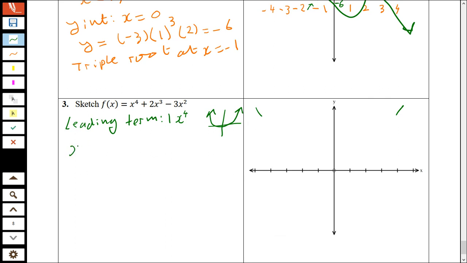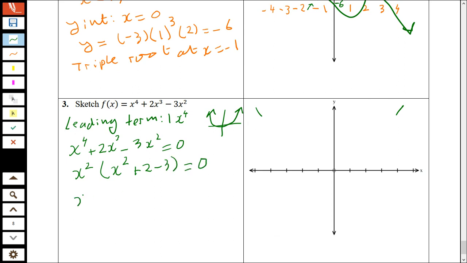So now to solve the equation equal to 0, will give me the x-intercept. So notice that x squared is actually a common factor here. So I've got to factorize. x squared times (x squared plus 2x minus 3) equals 0.